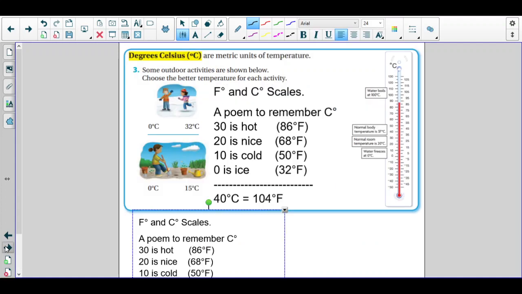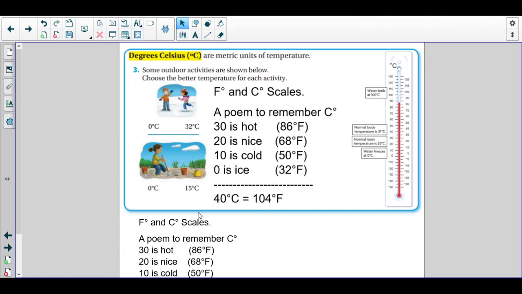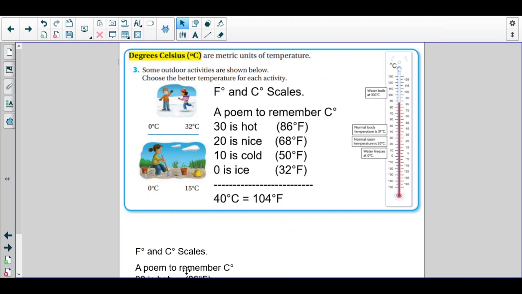However, there is another scale that is pretty popular in many, many other parts of the world, and that is called the degrees Celsius scale. All right, and it is part of the metric system. Now, the thing with the metric system is that it is based on powers of 10.